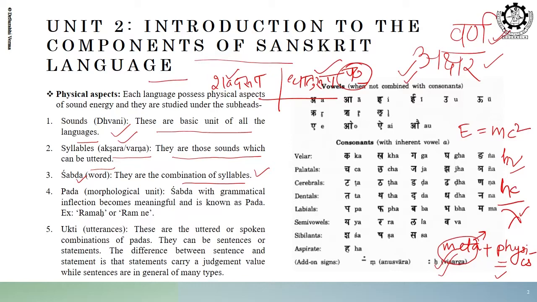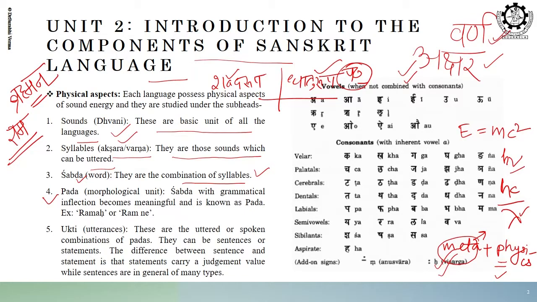And when we create the words from the base word, that becomes a pad. So basically what I am trying to say, if I am using the word Ram, this is the base word. If I am using the word Brahman, this is the base word. यानी शब्द है, मूल शब्द है. This is मूल शब्द.